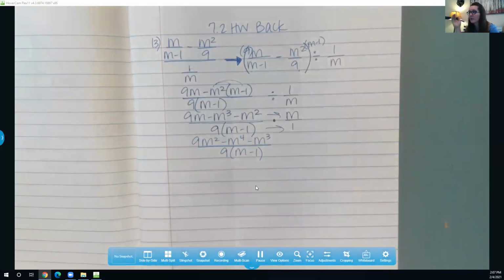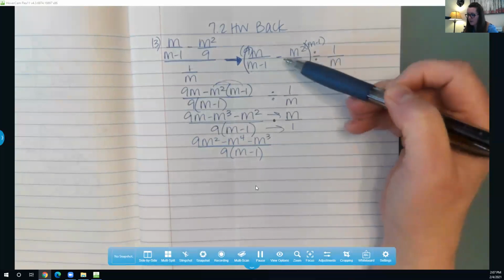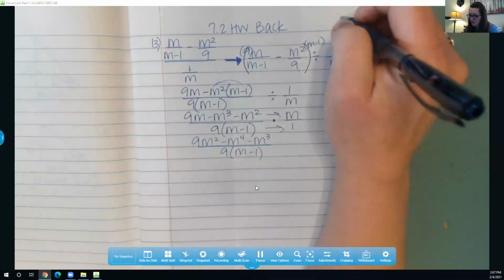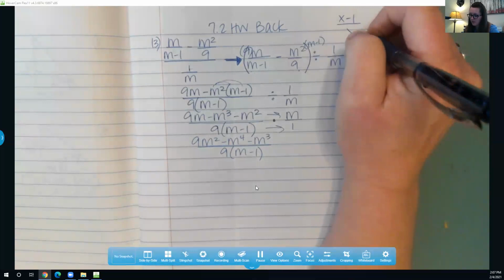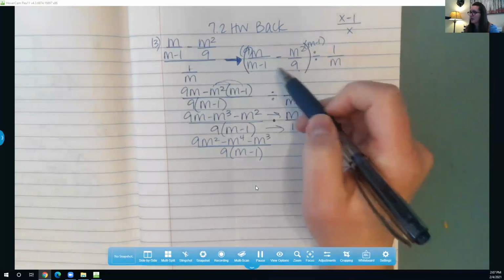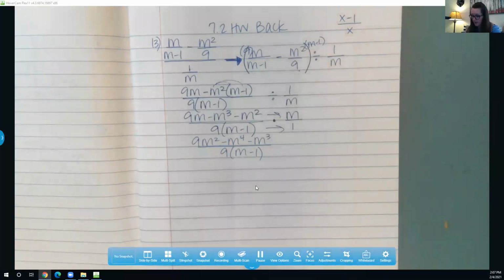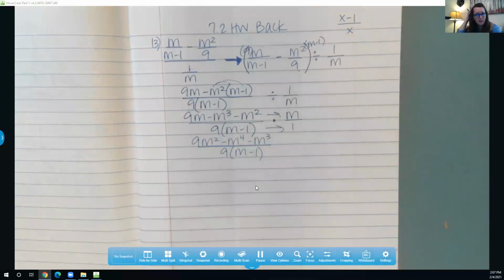We cannot cancel anything out with this because it's technically like a binomial. It's the same reason I can't cancel the x in x minus 1. I can't cancel my x's because it's stuck with a minus here. So it's the same concept here. You can't cancel it because it's technically a binomial, right? So we have to make sure that it's written in factored form before we cancel everything out.